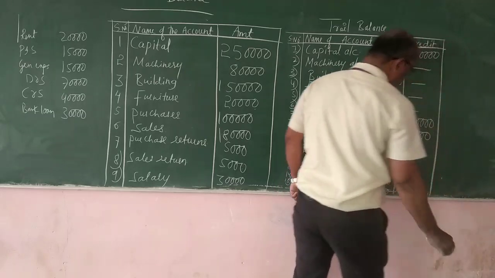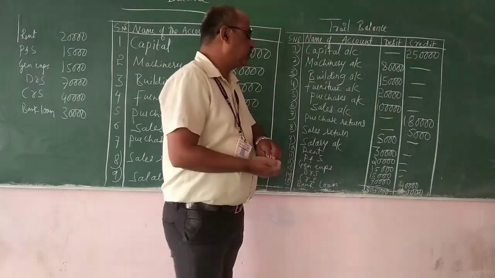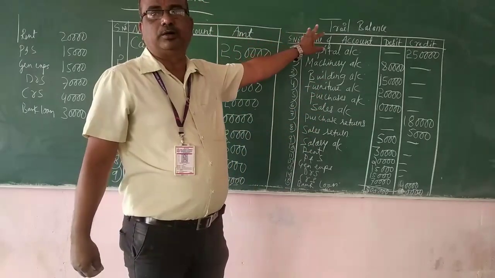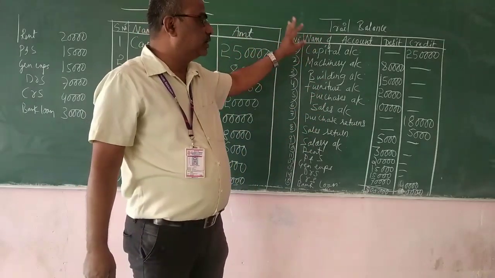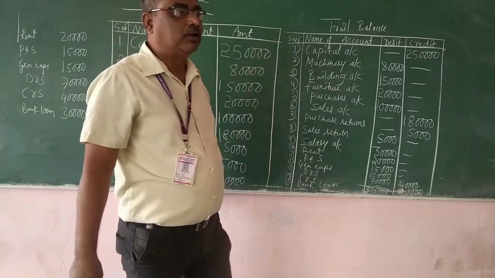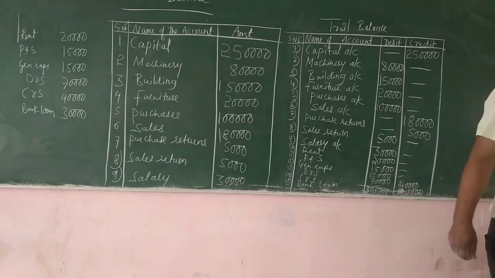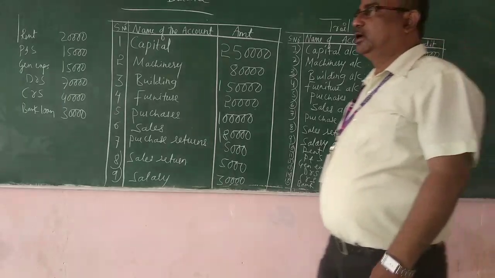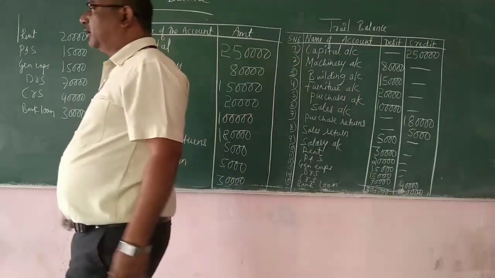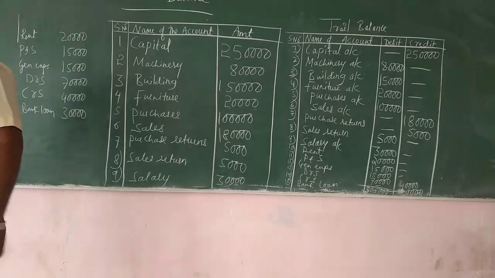So both side totals are how much now? 5,05,000. It means your trial balance is telling you that you have not committed any mistake in recording the transactions, either in the daybook, or in ledger posting, or in balancing.